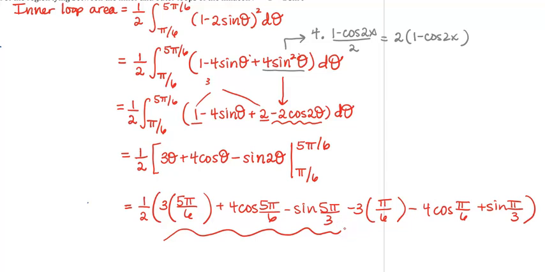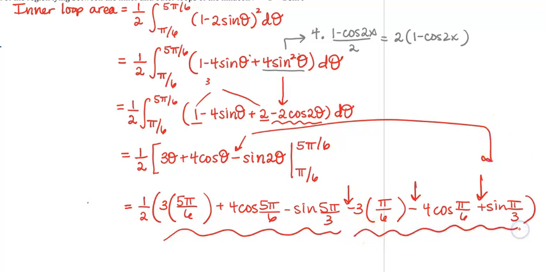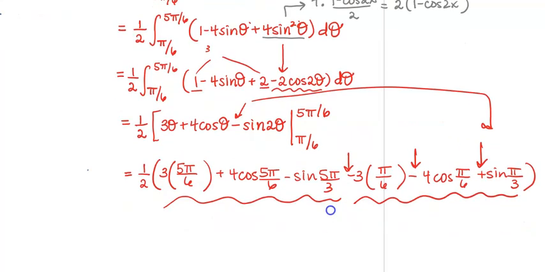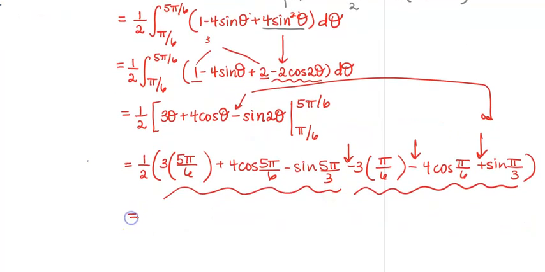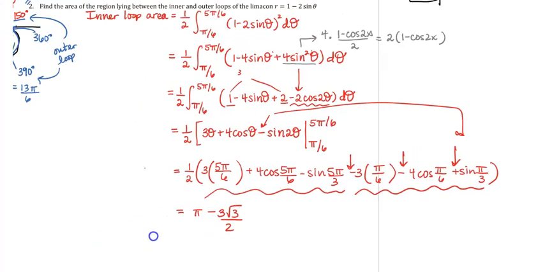This is what we get when we plug in the upper limit of 5 pi over 6. Make sure you subtract and distribute your negative. That last term is negative, so it ended up becoming positive when I subtract. This is what I get when I plug in the lower limit of pi over 6. This all simplifies to pi minus 3 root 3 over 2. So we have the area of the inner loop.